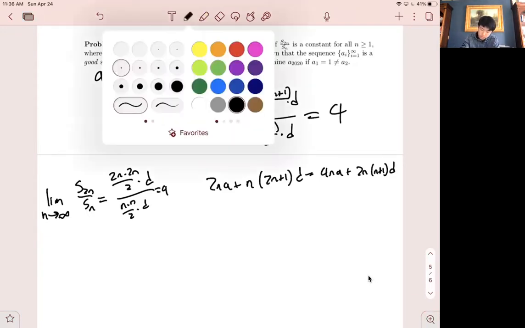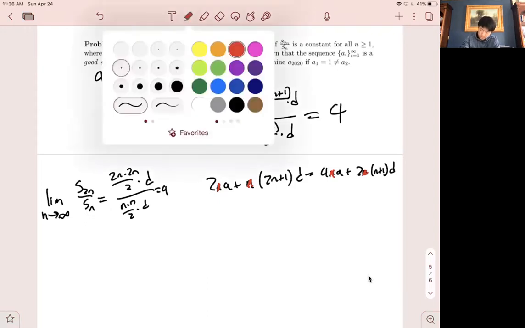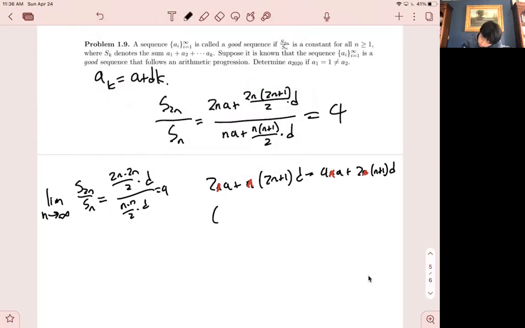And so we cancel out factors of n. And so we get 2n plus 1 d is equal to 2a plus 2n plus 2 d. So 0 equals 2a plus d.